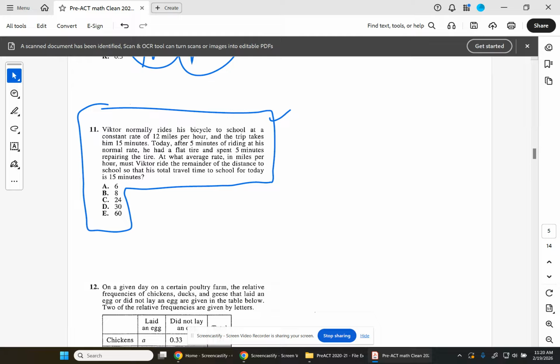So again, I got to take that, 15 minutes over 60 minutes. That's going to give me 0.25. And so then he's got a distance rate of 12 miles times 0.25. That's going to give me 24 miles, right? That's where I'm at on that one.